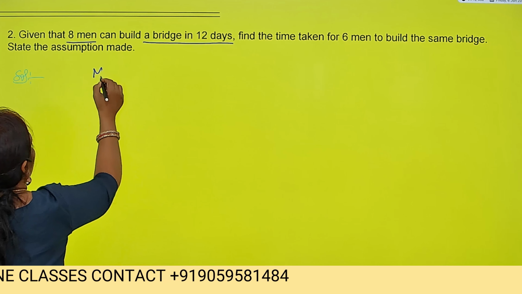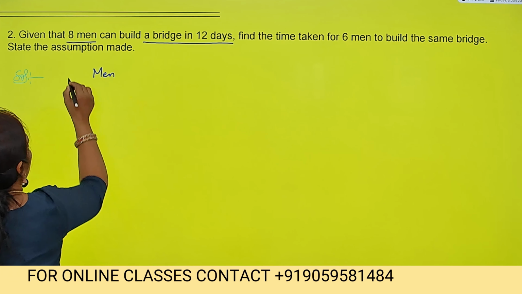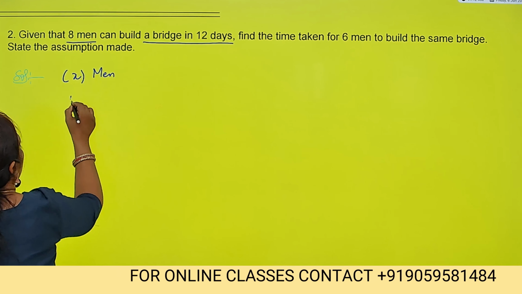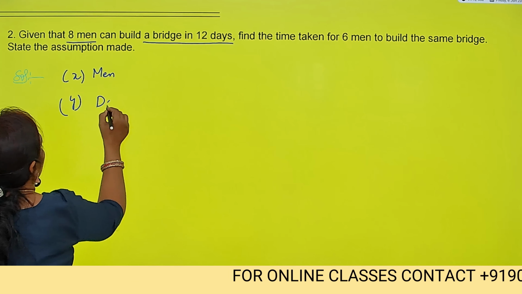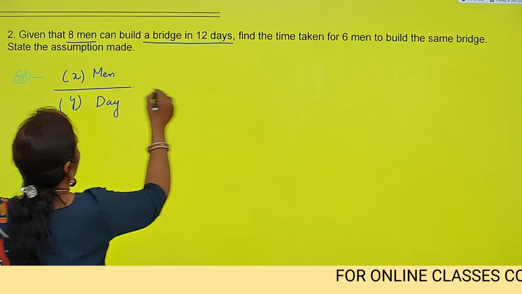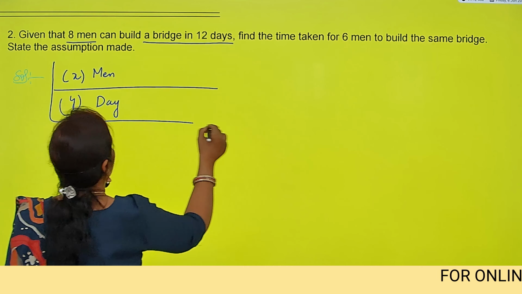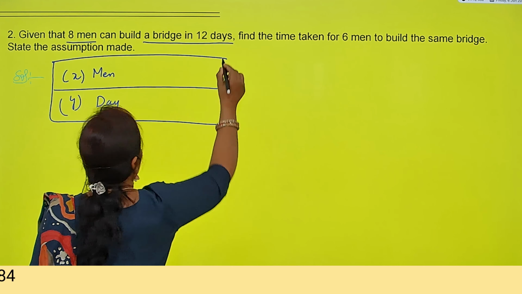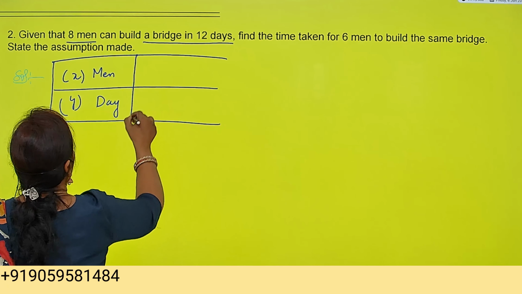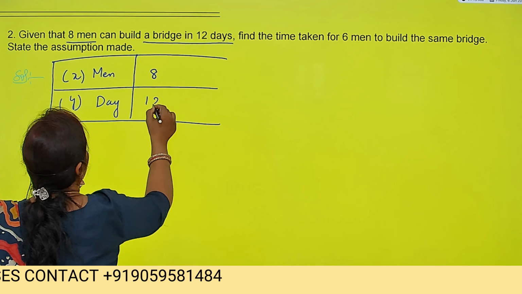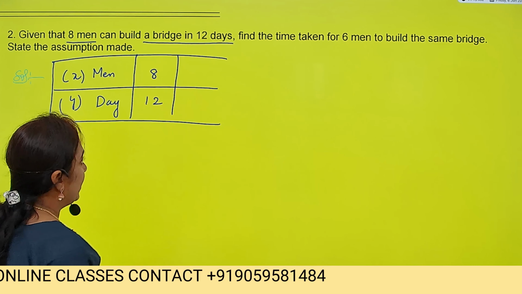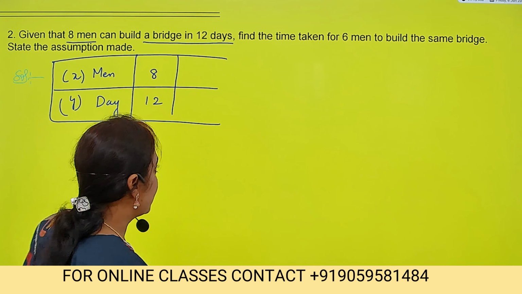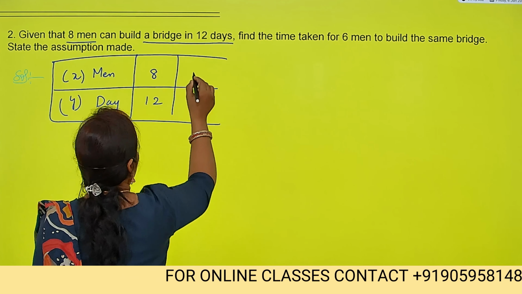Here we take men as one variable, x, and days as the y variable. Construct the table: 8 men taking 12 days. Find the time taken for 6 men to build the same bridge.